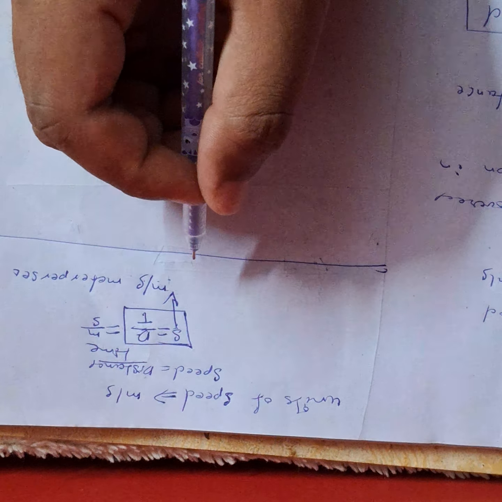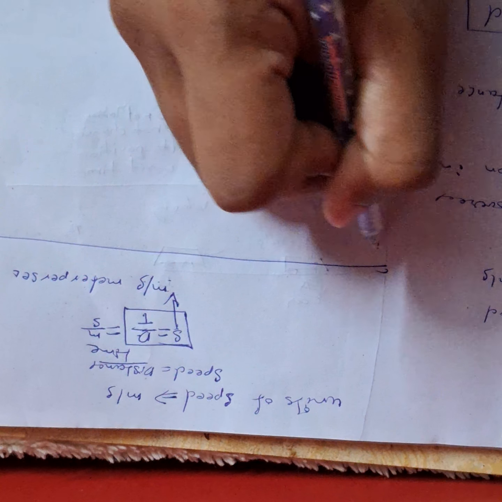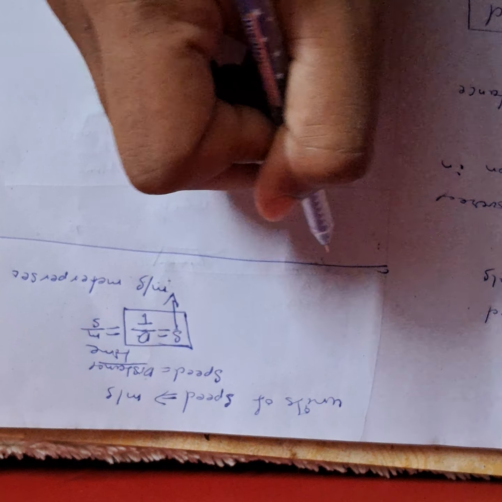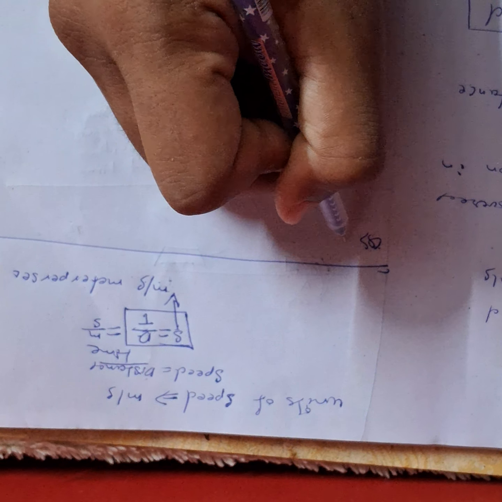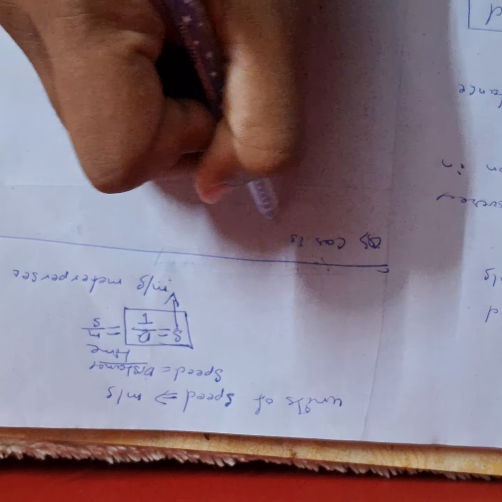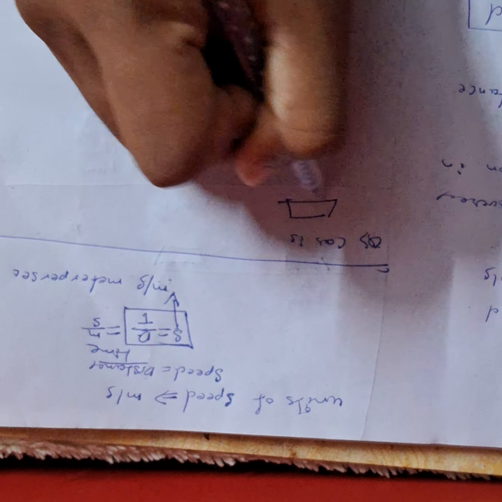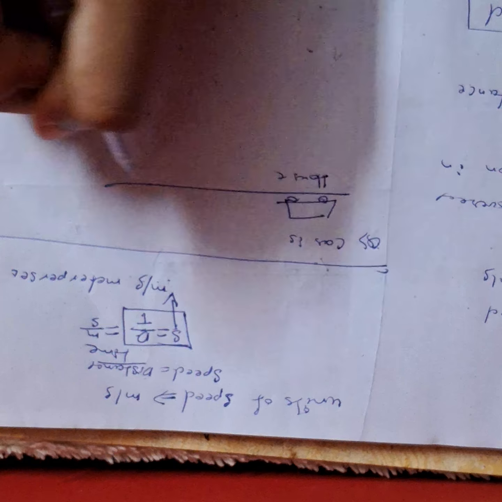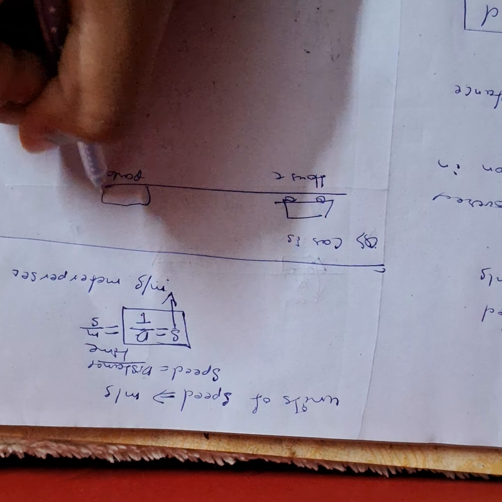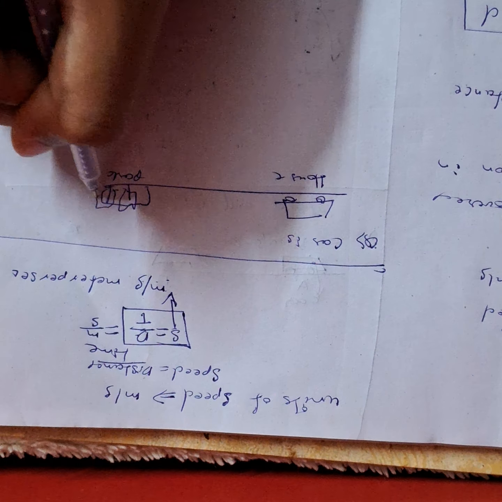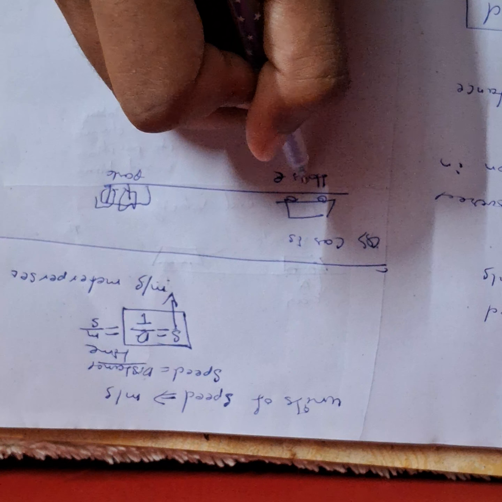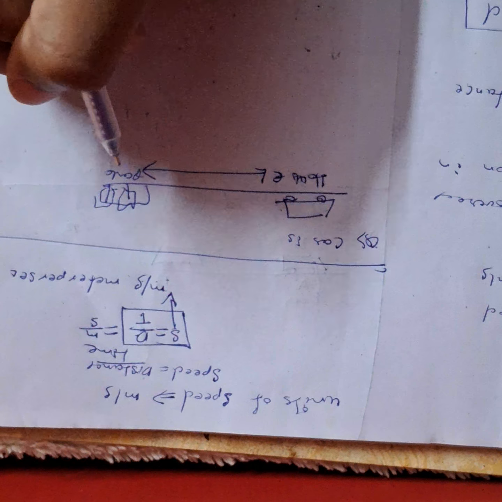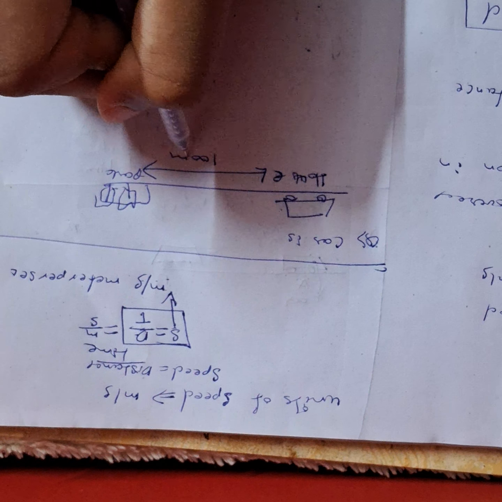Okay, let's solve a numerical problem based on speed. A car is traveling from a house to a park. The distance between the house and the park is 100 meters.